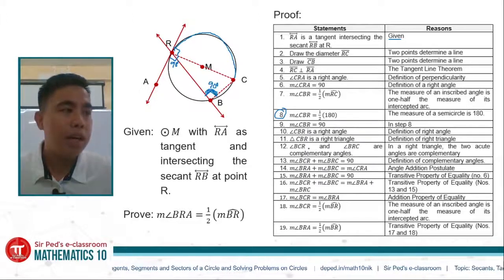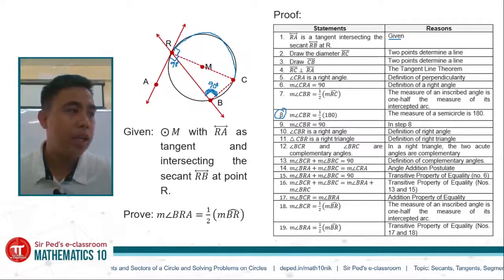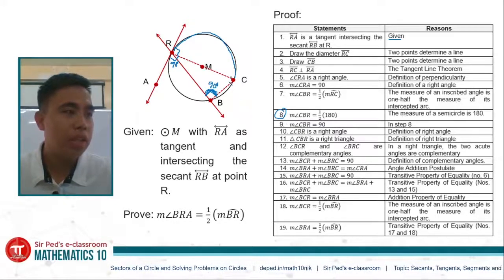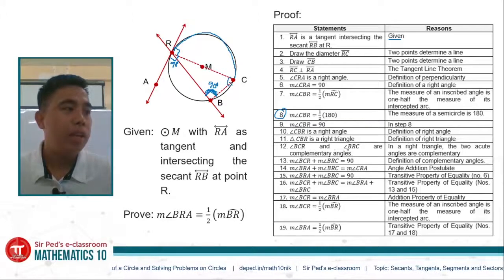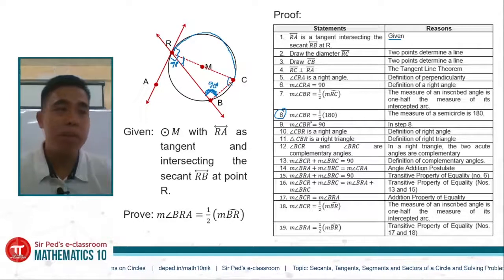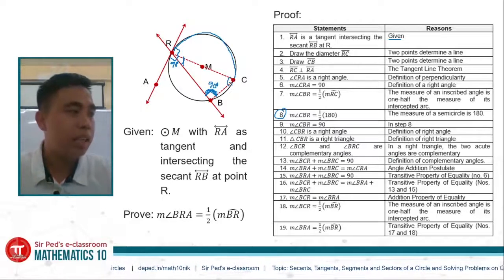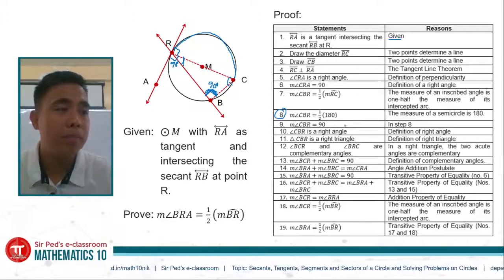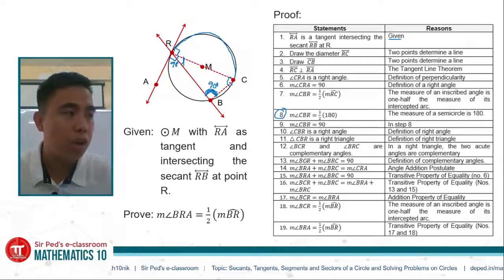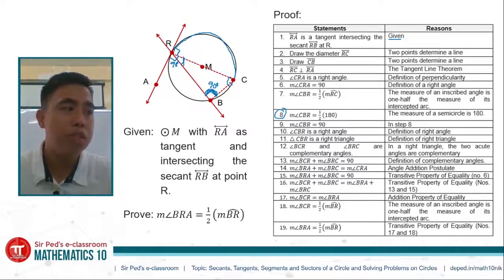Angle BCR, this angle, and angle BRC, this angle, are complementary angles. The reason is that in a right triangle, the two acute angles are complementary. If we add the measure of these two angles, it is equal to 90.